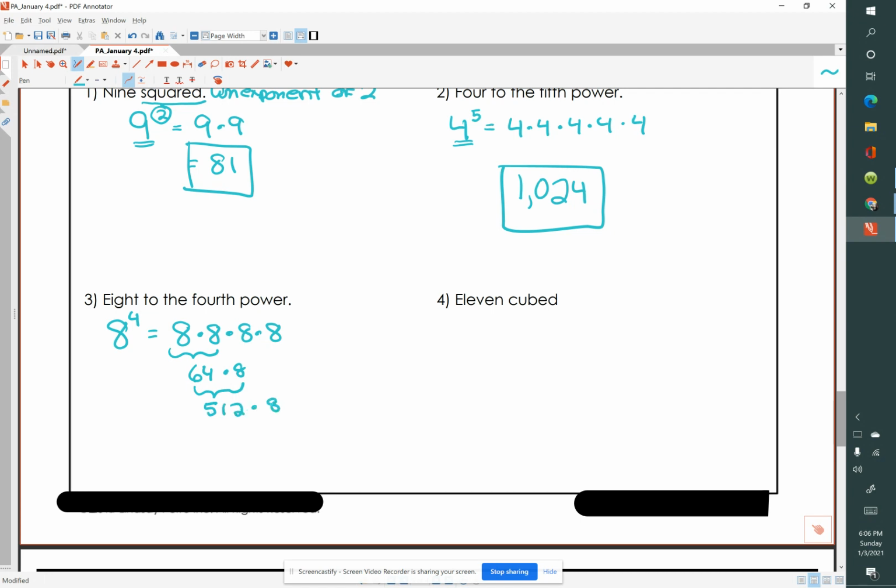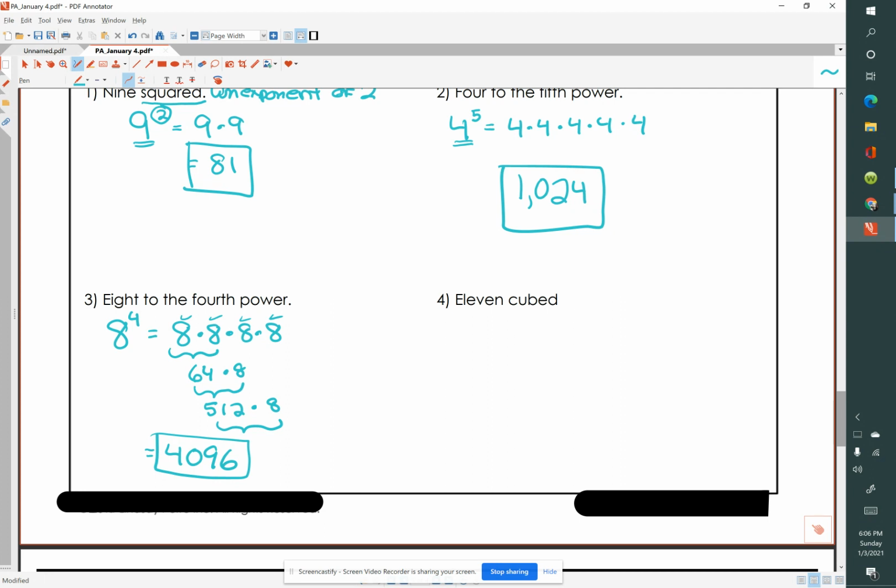Now 512 times 8 is 4,096. And if you took your calculator and typed in 8 times 8 times 8 times 8, you would get 4,096. These numbers get very big very quickly.